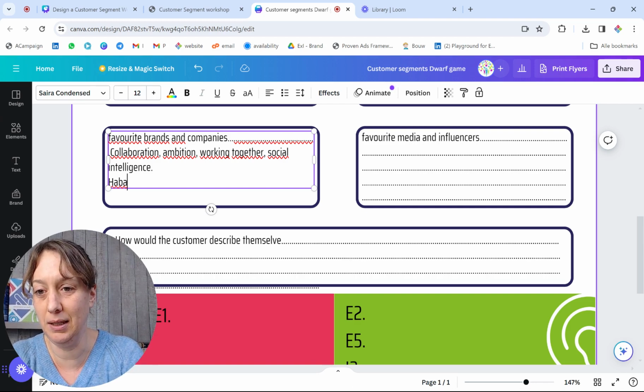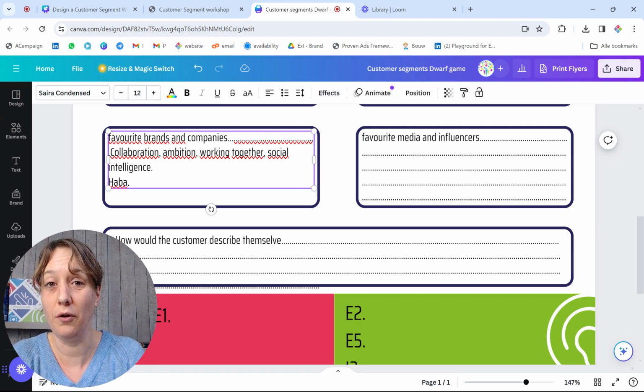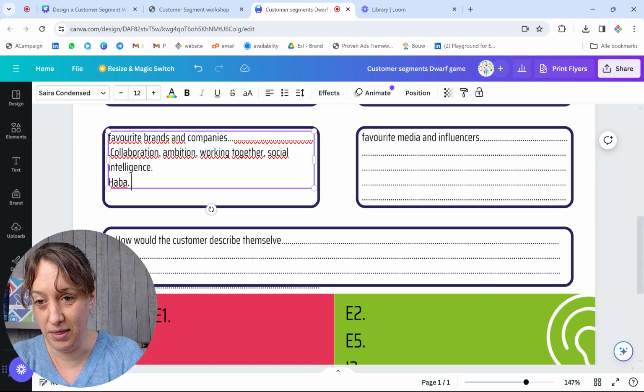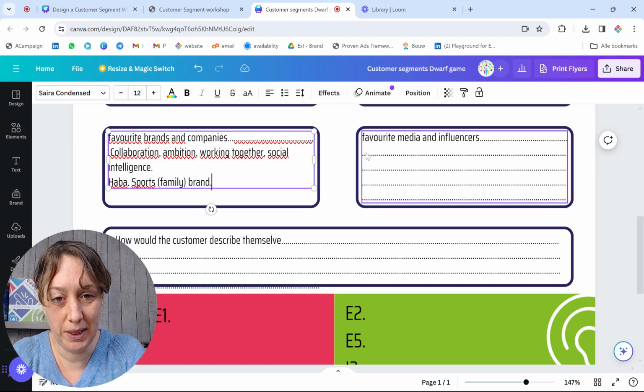So Haba is a game company, a board game company which focuses on younger children. It's a lot about collaborative games with natural materials, and that is what they aim to do. Also, all sorts of sports, the family sports brands.